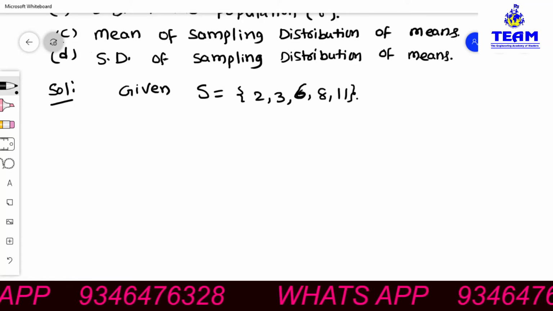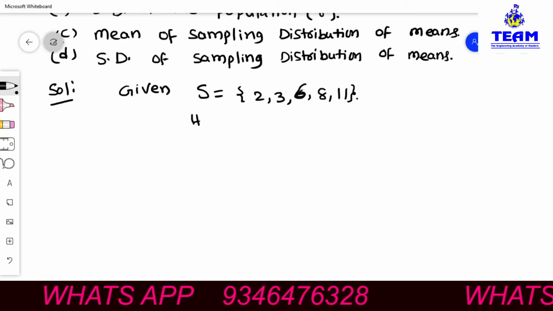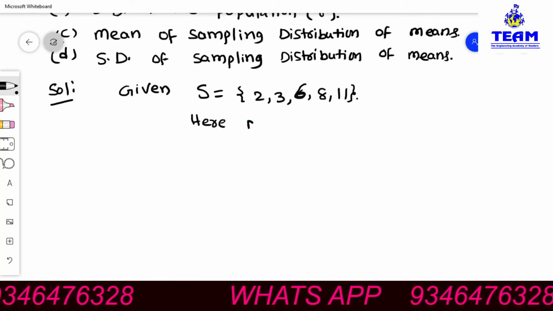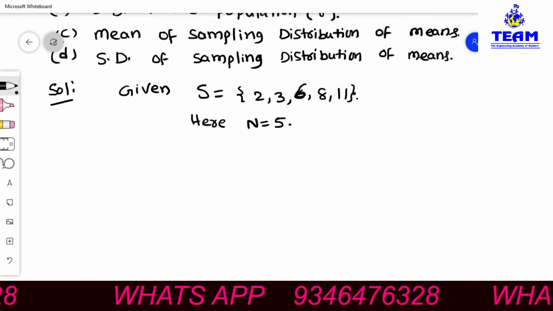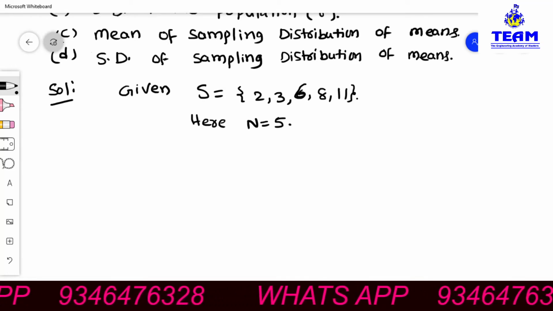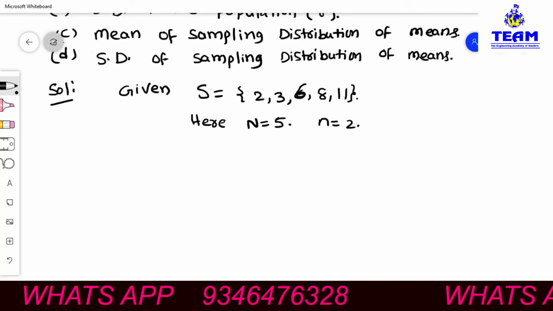Here the number of objects in the population is 5. So capital N equals 5, and each sample is of size 2, that is small n equals 2.